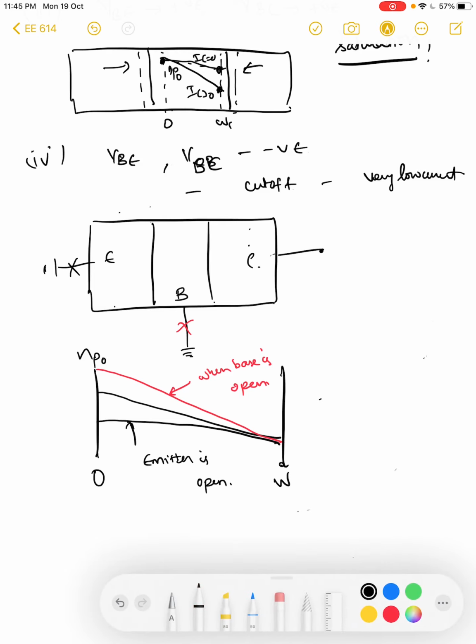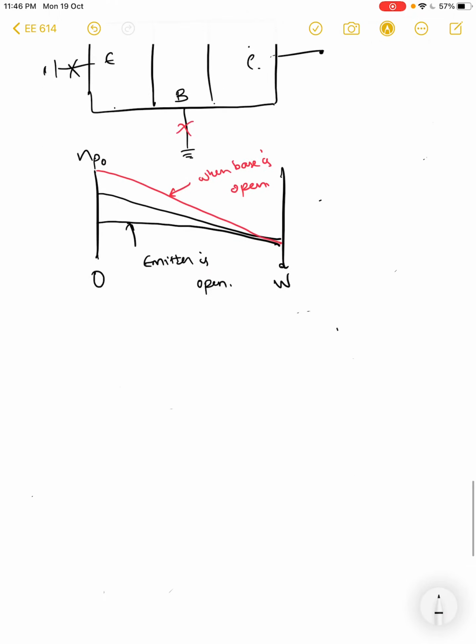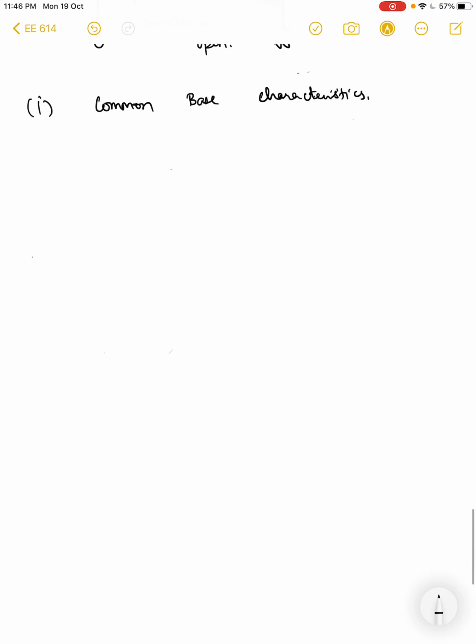Okay, so we will study the output characteristics in two different configurations. The first configuration is common base characteristics. It looks like this. Because it's a common base, let's take this BJT. We have an emitter, base, collector.